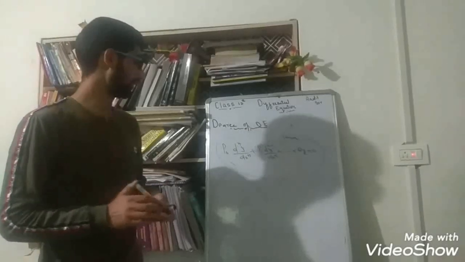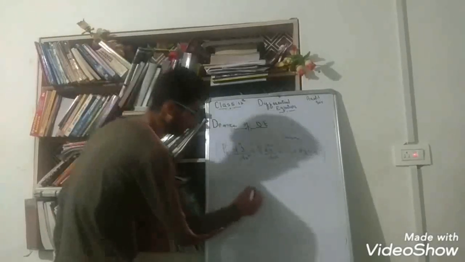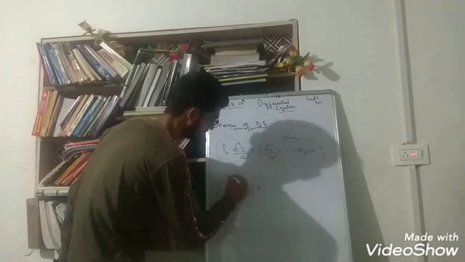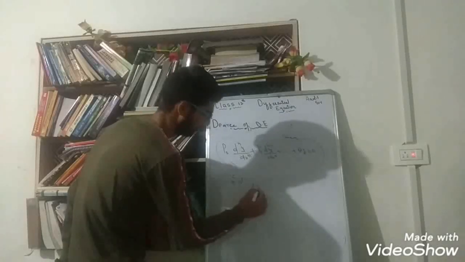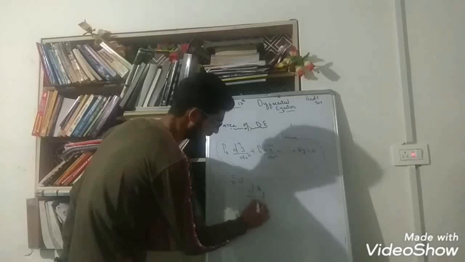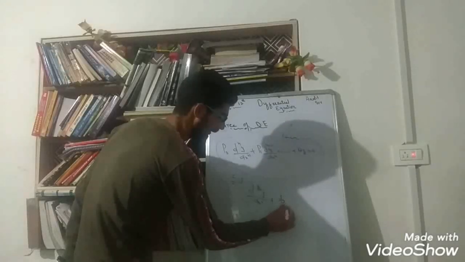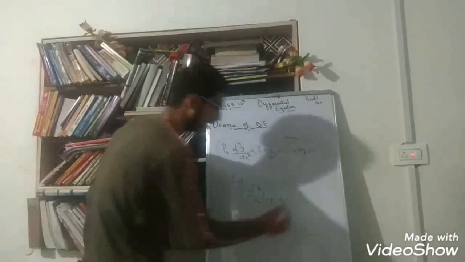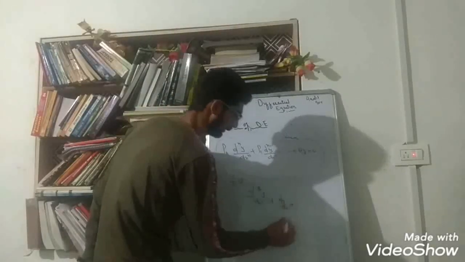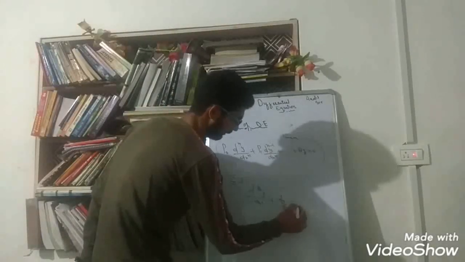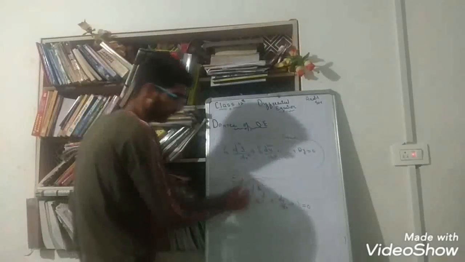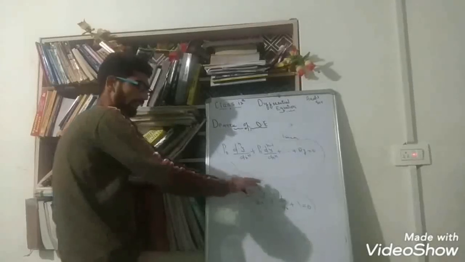So this is enough for today. For examples, you can give: d cube y divided by dx square plus dy by dx plus 1 equals 0. You can show that this is linear because it has highest degree 1.